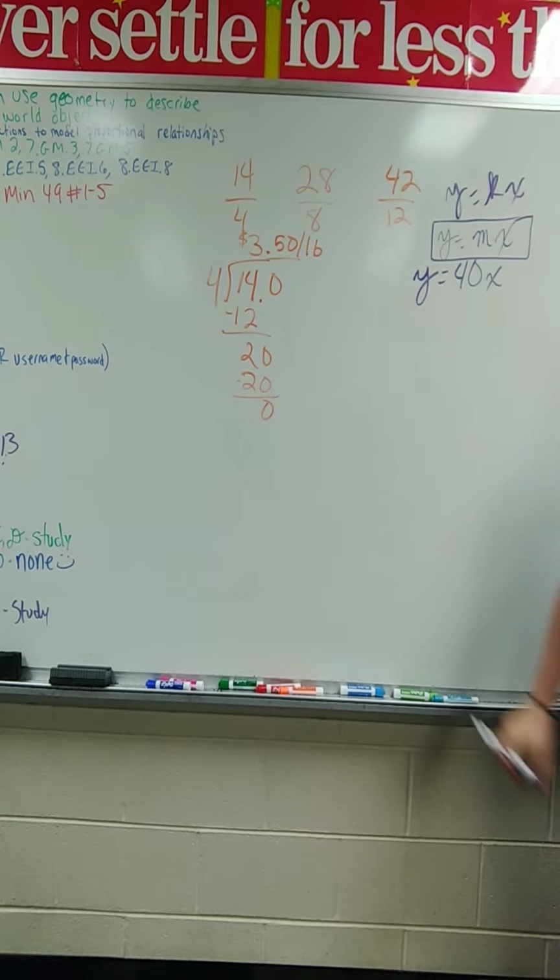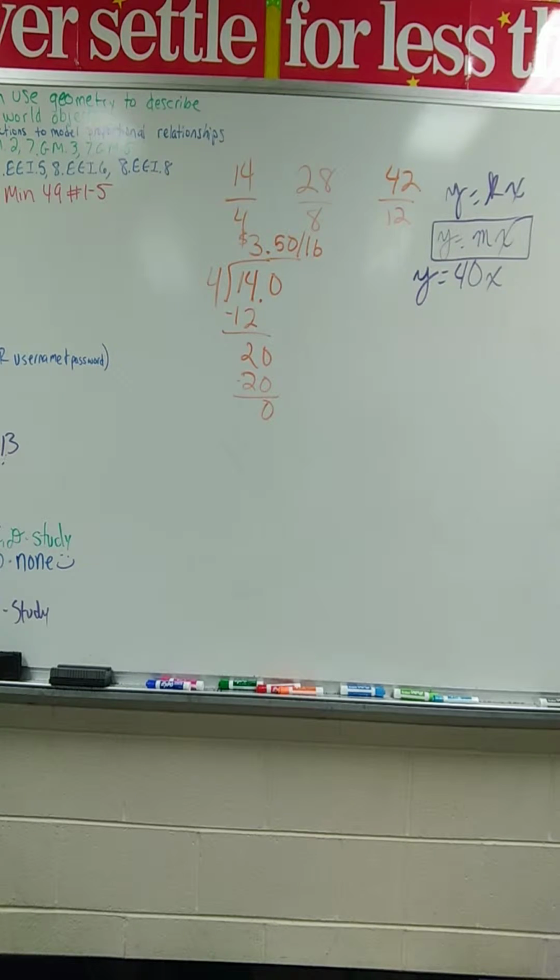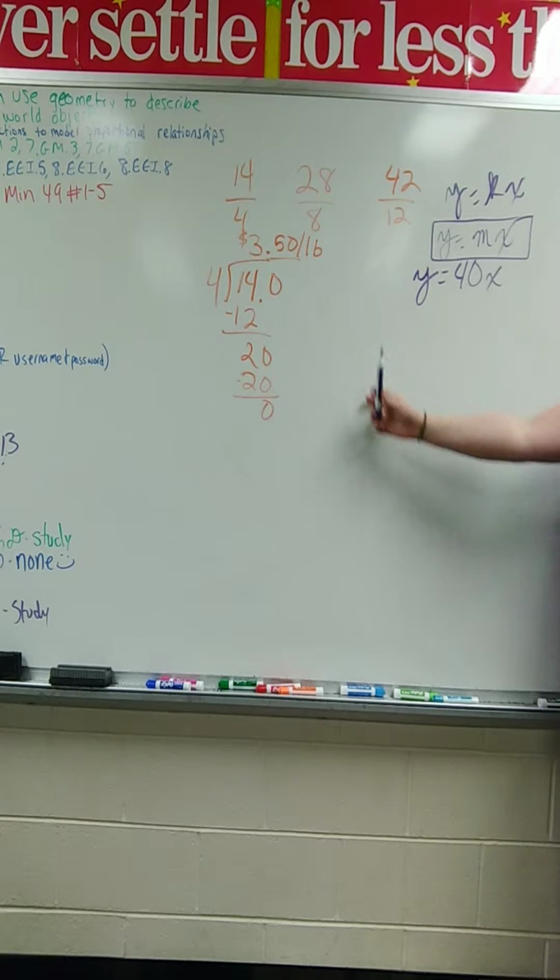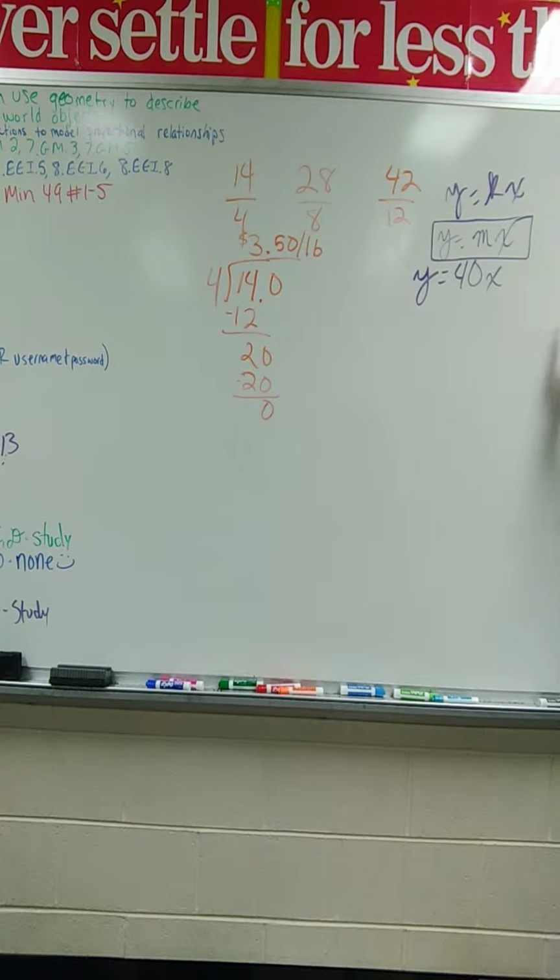Hold up. So, if our equation is written in the form y equals mx, or y equals some number times x, is that direct variation? Yes, because it's written in that format, there's no extra pieces anywhere. So yes, that is direct variation.